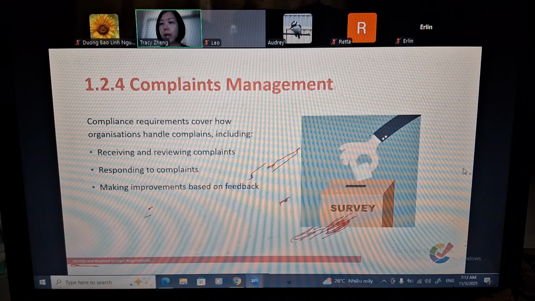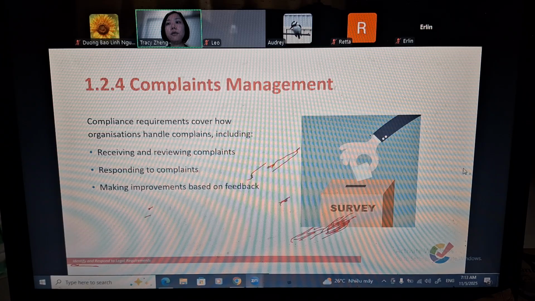And don't forget, as a support worker or a staff member in the organization, it is also your right to raise your concerns and make a complaint. So that process also applies to you.